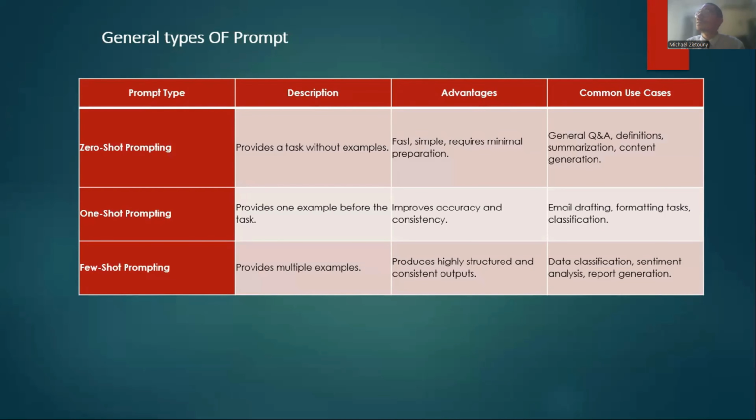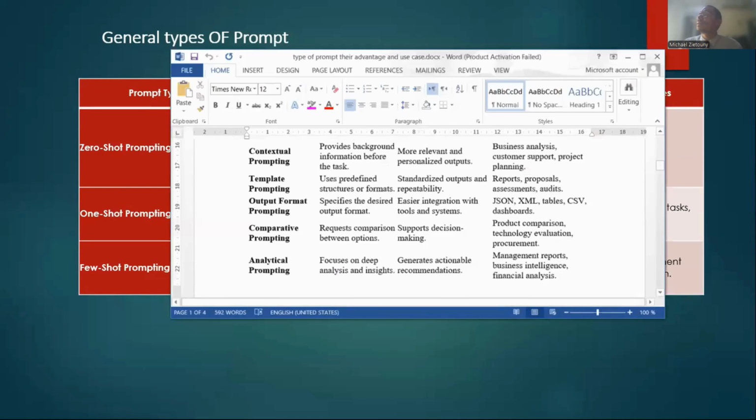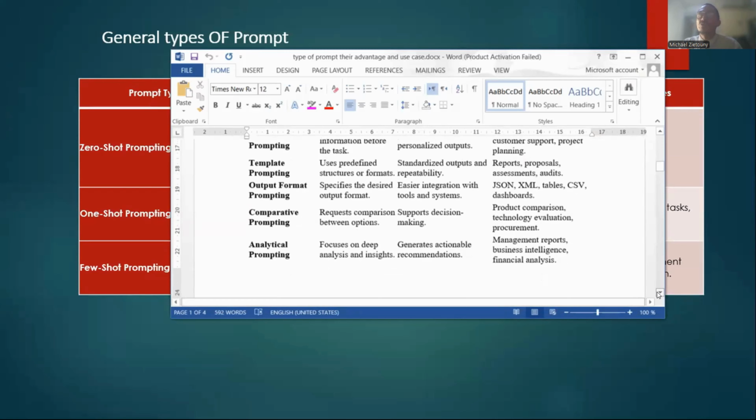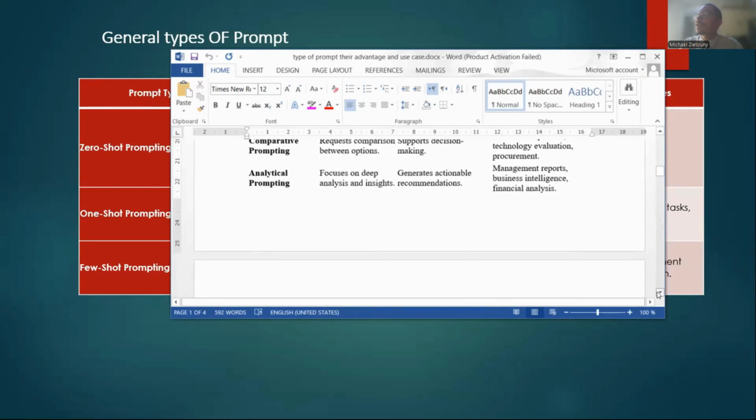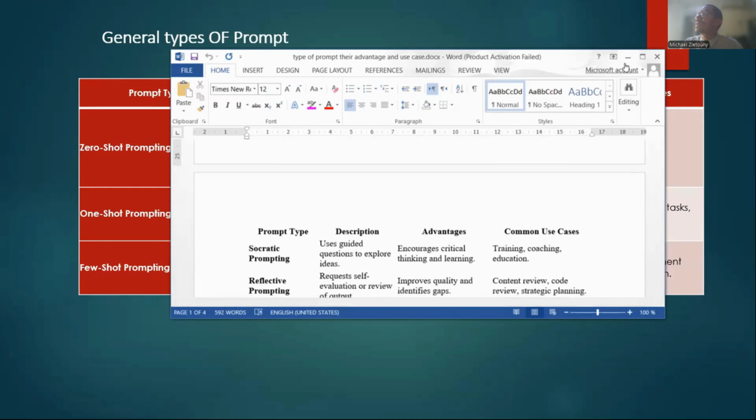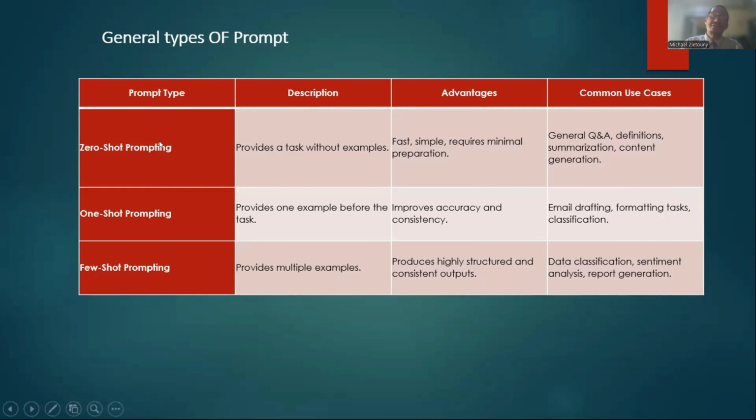There's a whole list of them. We equally have contextual prompting, template prompting, comparative prompting, and analytical prompting. It depends on exactly what you want, and it's a whole list. We can go through all of them, but today, let's address these 3 major prompting types.